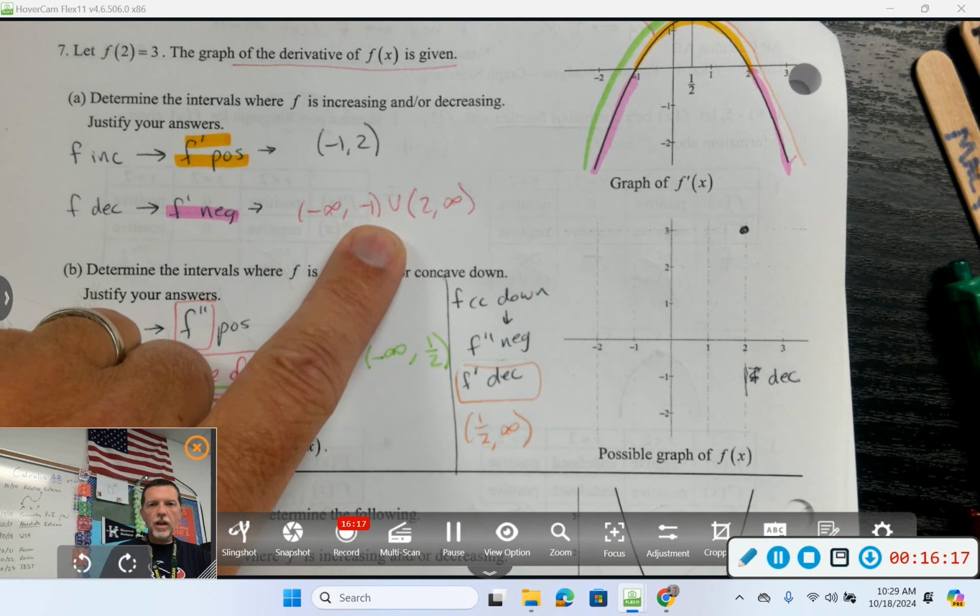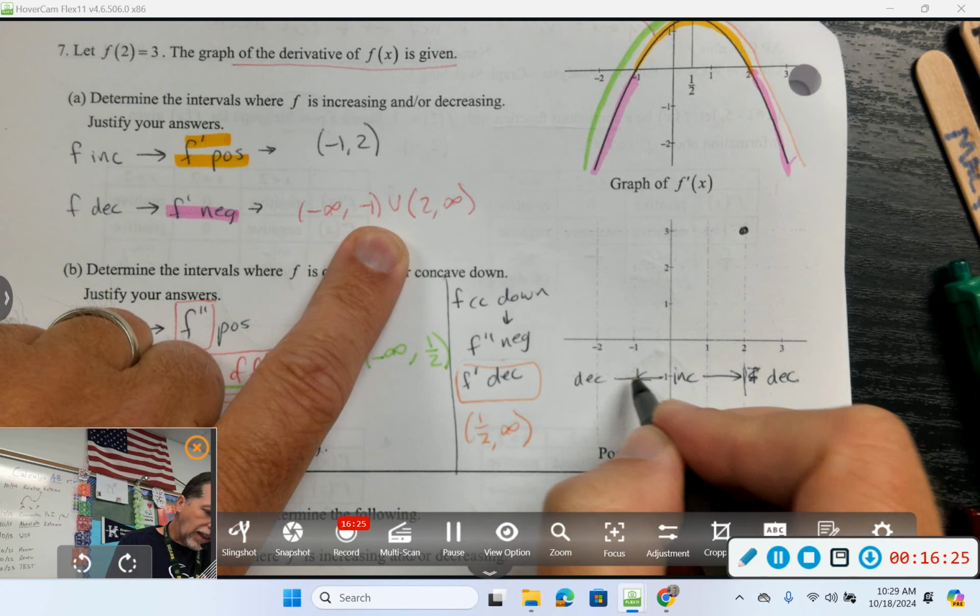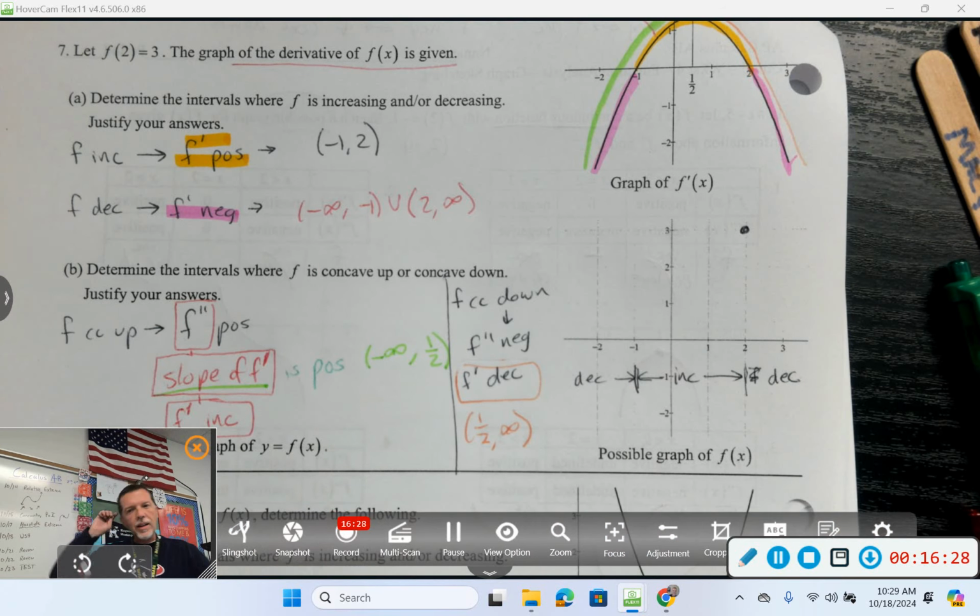From -1 to 2, we're increasing, and less than that, we're decreasing again. So I'm trying to kind of label my graph before I start drawing.